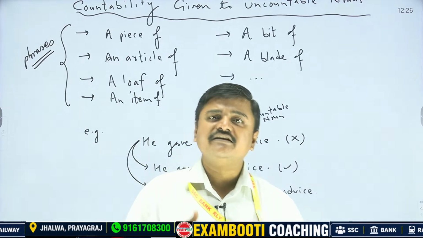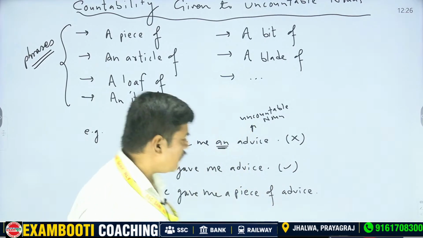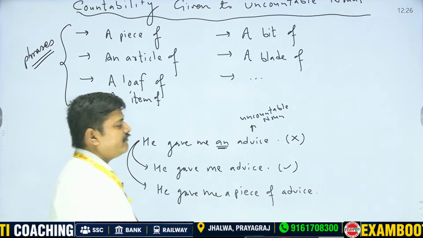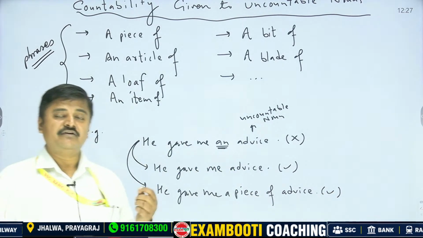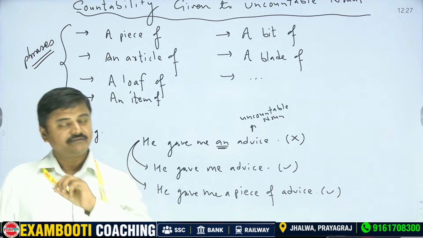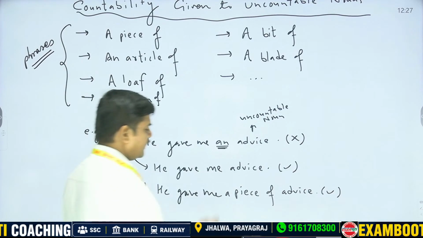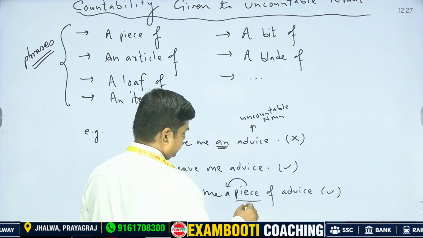It just gives the word countability. He gave me a piece of advice. Now it is correct. So he gave me advice, that is correct, and he gave me a piece of advice, that is also correct. Now here the A is before piece, so piece is a countable noun.